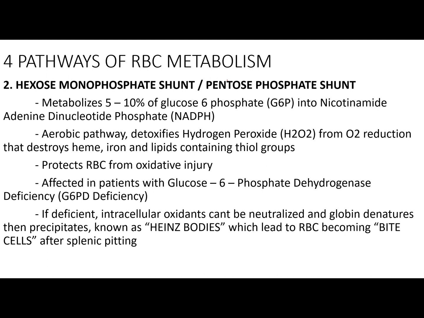It would protect RBCs from oxidative injury. Affected in patients with G6PD deficiency. If deficient, intracellular oxidants cannot be neutralized and globin would denature and would precipitate as Heinz bodies, which leads to RBCs becoming bite cells after splenic pitting. So please take note of that, class.